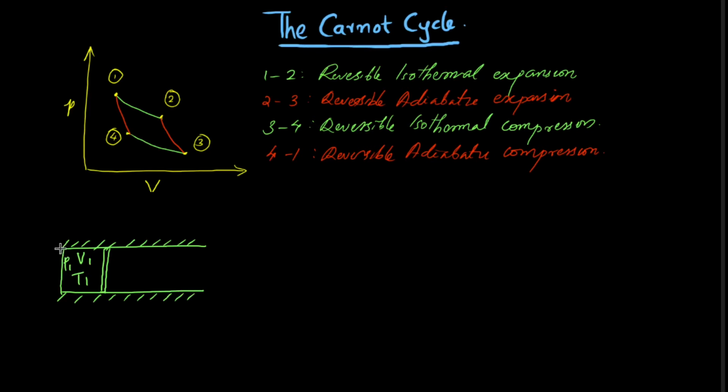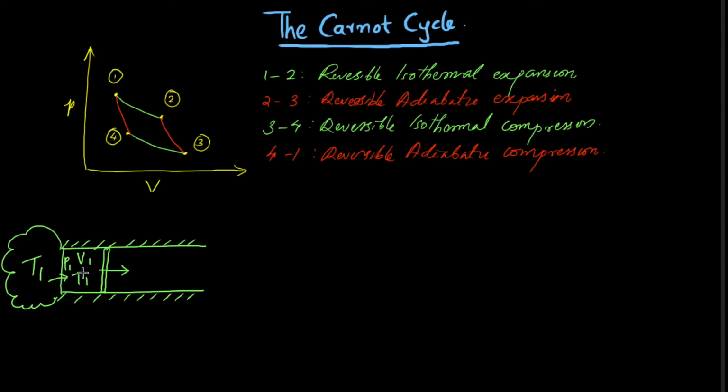Here the process 1 to 2 is a reversible isothermal expansion process, where we are keeping a thermal reservoir of temperature T1 in contact with the head of the cylinder. Heat is transferred from the thermal reservoir to the gas.